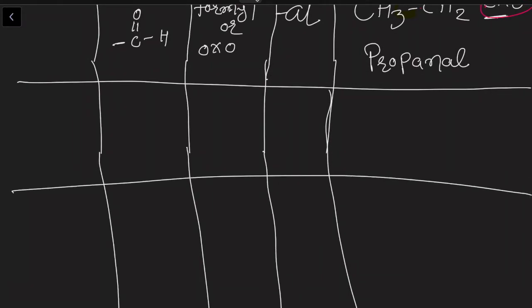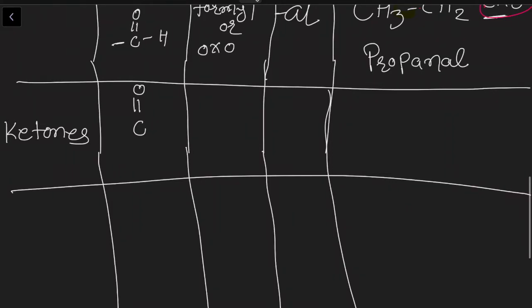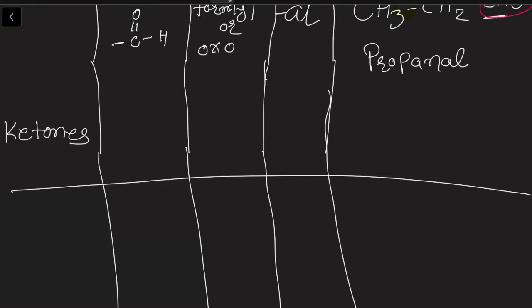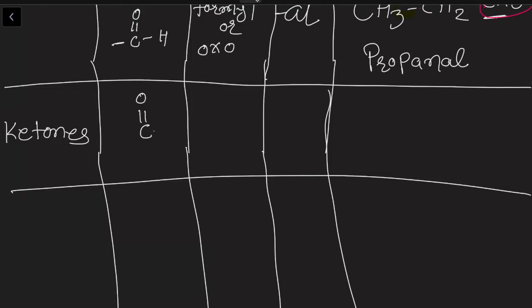Alright, the next class we will learn is ketone. Ketone is C double bond O, and then it's bonded with a 2 carbon chain. Basically, from aldehyde, you just remove a hydrogen and replace that bond of hydrogen with carbon or anything else.